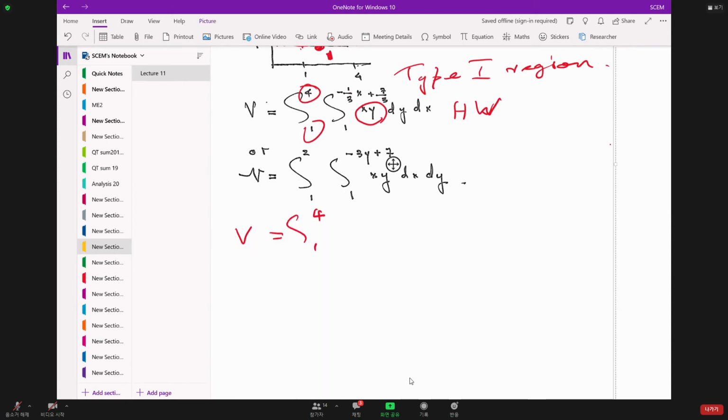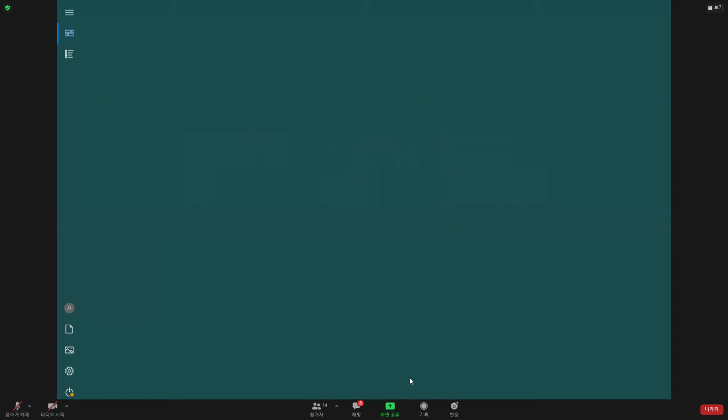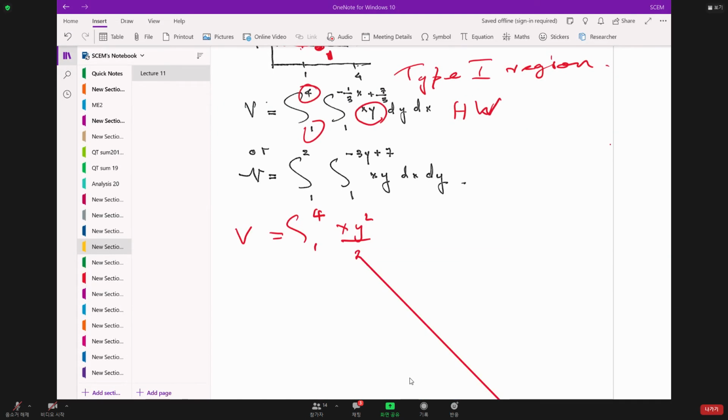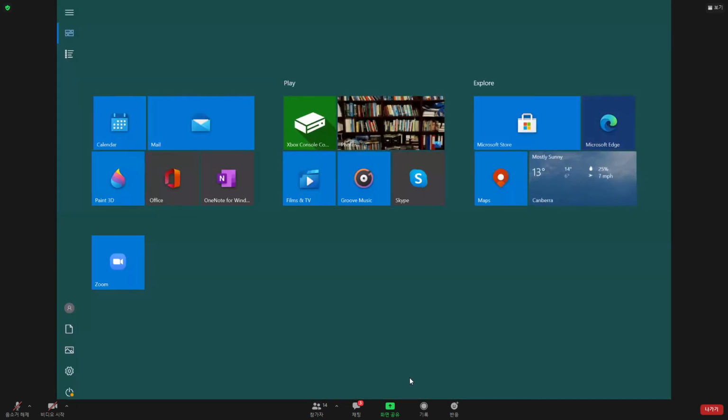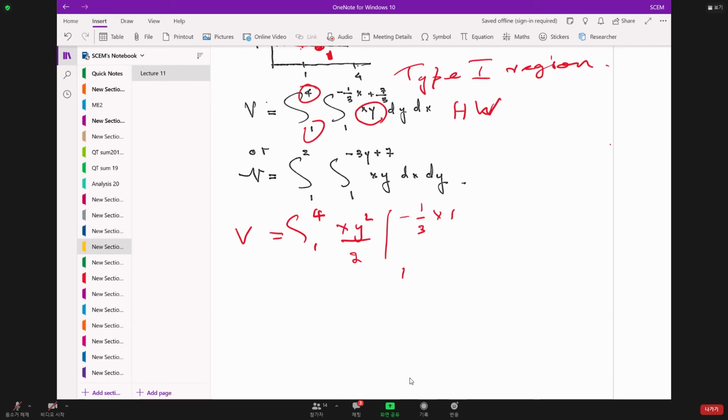Integrate with respect to y. So you have x y squared divided by 2, with lower limit 1 and upper limit minus 1/3 x plus 7/3, dx. That equals the integral from 1 to 4.